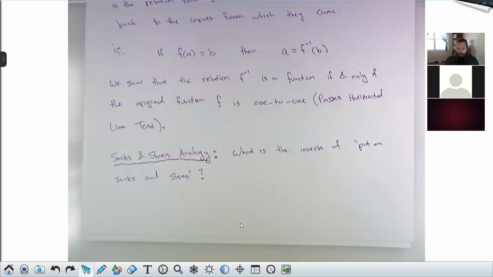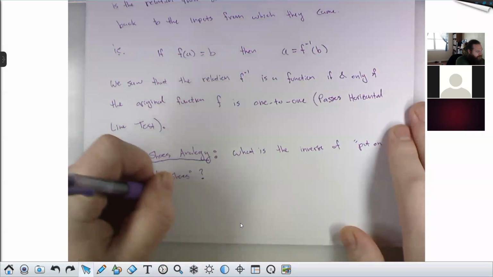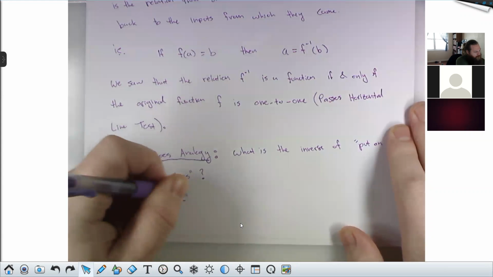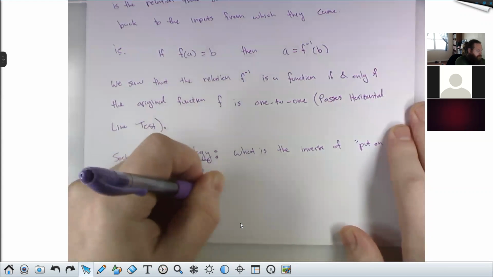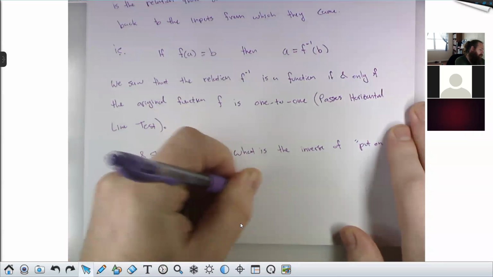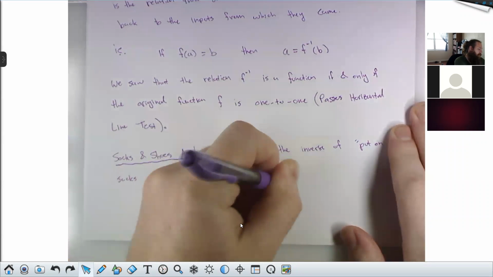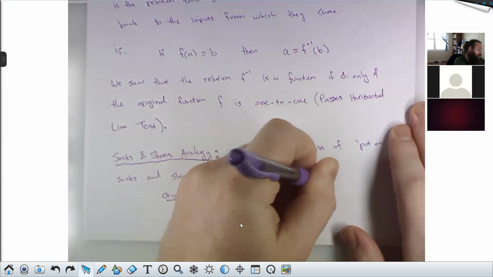When you wake up in the morning and you want to go somewhere, in order to get your feet ready to travel, you put on your socks and shoes. And there's an order to it, right? As you get dressed, the socks go on first, and then the shoes go on. If you want to undo that, you have to take the shoes off first, and then take the socks off. So the original is: put on socks, then put on shoes.